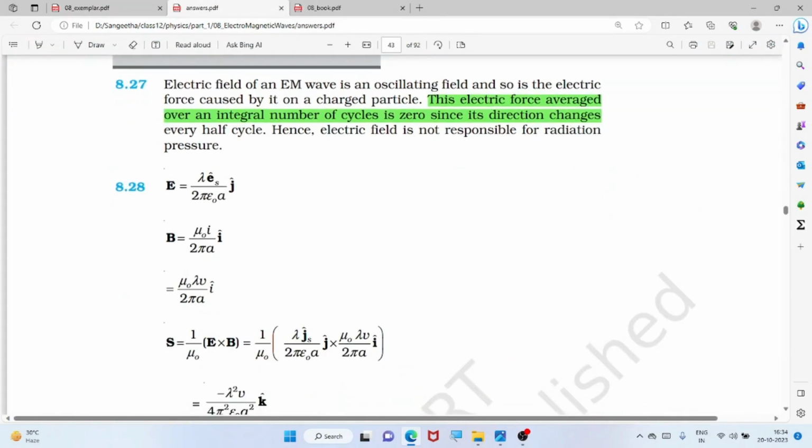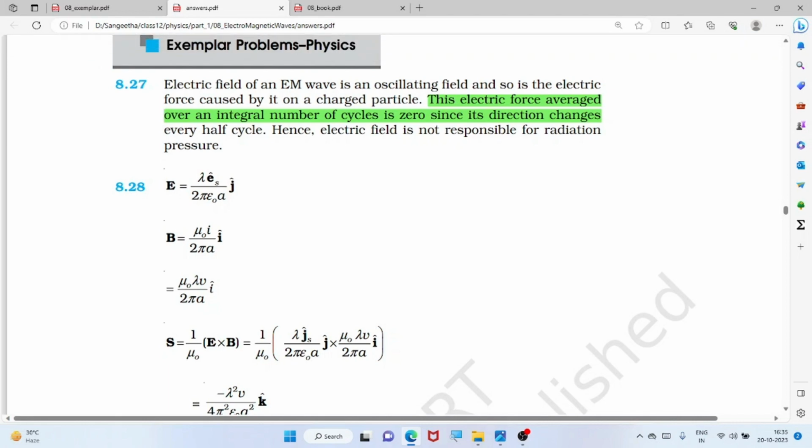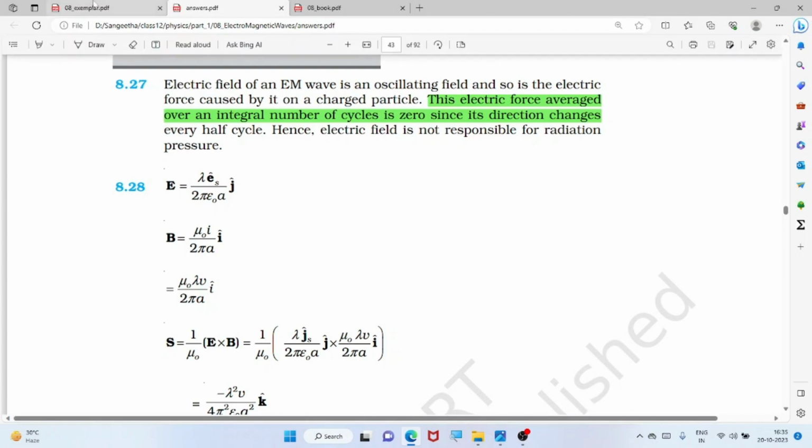The electric field of the EM wave is an oscillating field, and it causes an electric force on a charged particle. This electric force averaged over an integral number of cycles is 0, because it is up and down equally. So that is why it is 0, and it is not contributing to the radiation pressure.